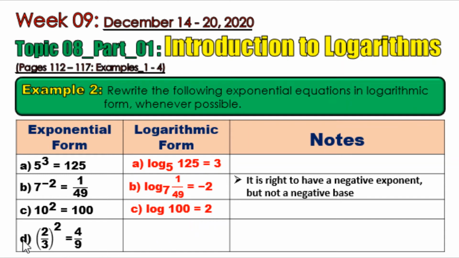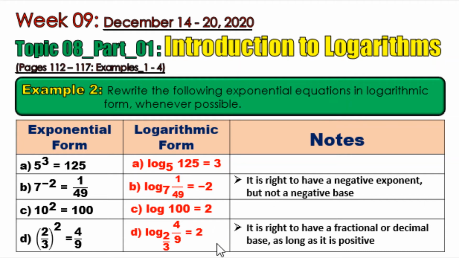And letter D, we have 2/3 squared is equal to 4 over 9. And its logarithmic form is logarithm of 4 over 9 to the base 2/3 is equal to 2.